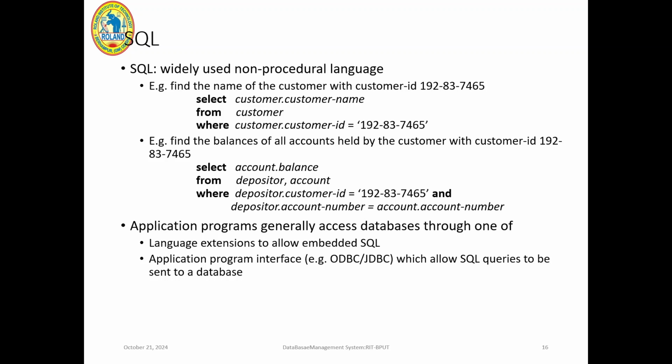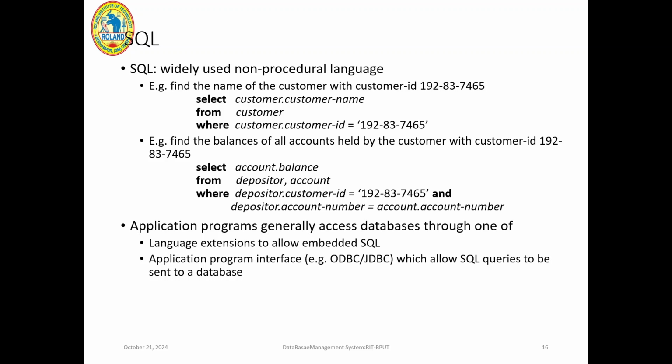Depositor means a customer ID must be there, and also the account number should be there. This is the reason you cannot get it from one table. That's why we are selecting two tables, depositor and account, and from those we select account.balance. What is the condition? Where depositor.customer_ID is equal to this one and depositor.account_number is equal to account.account_number.